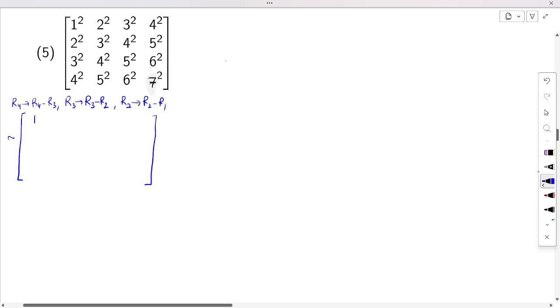this matrix: 1 square, 2 square, 3 square, 4 square.